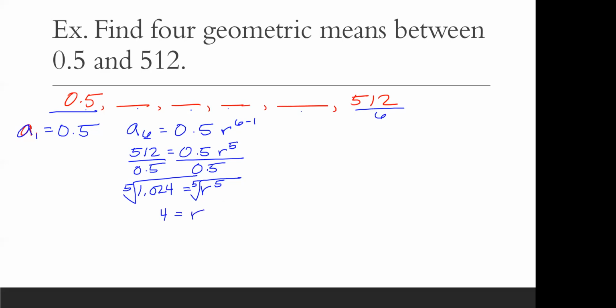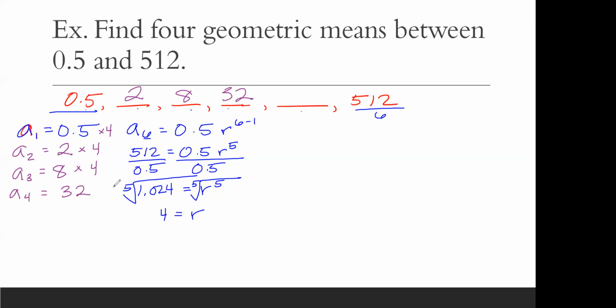So what does that mean? That means for each term, I multiply the previous term by 4 to get the next term. So my second term, if I multiply 5/10 times 4, is going to be 2. Then I multiply 2 times 4, and that gives me my third term, which is 8. Then I multiply 8 times 4 to get my fourth term, which is 32.